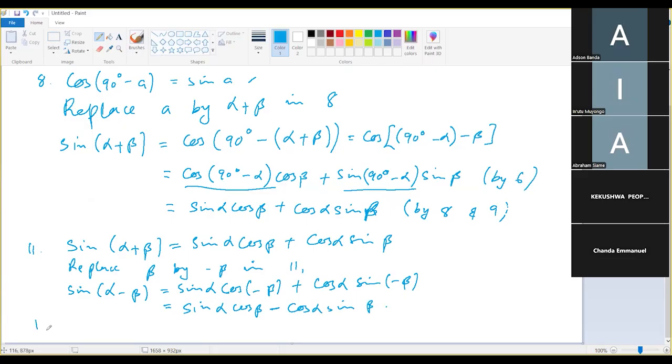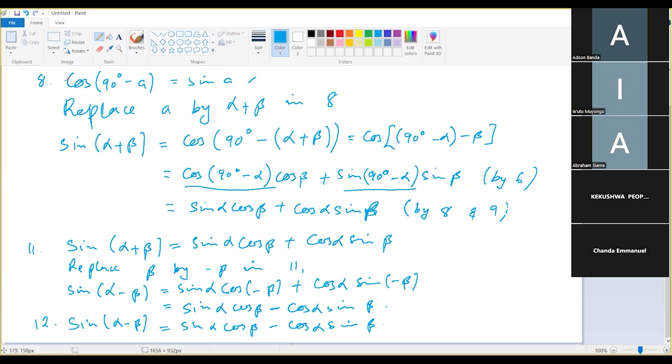Right, so this gives us another identity, which I'm going to call identity number 12. So this identity gives us sine alpha, the cosine of beta, minus cos alpha sine beta. Right, so those are the identities that we have.